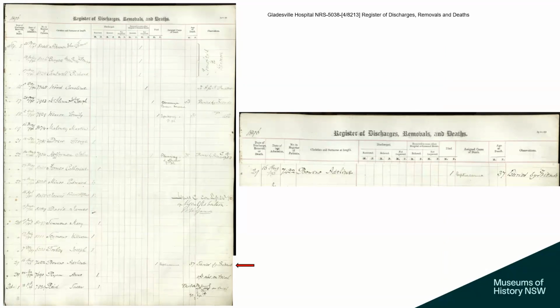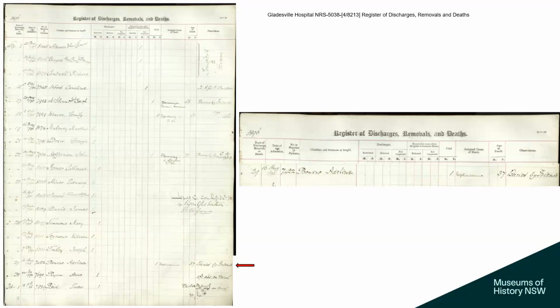But it also gives the date of admission and the register number in an admission register, and it gives her cause of death as well. In the end column there, which I've made a bit enlarged, it notes that she was buried by friends. So in the end of that tragic story for Adeline, I guess it was nice to know that she was buried by her friends at the end there.